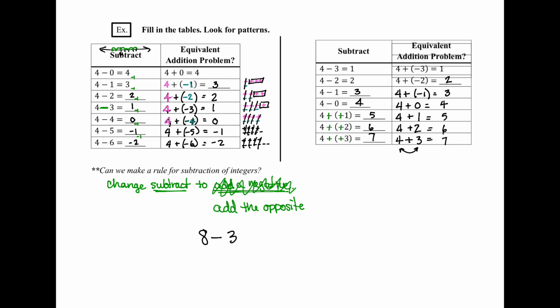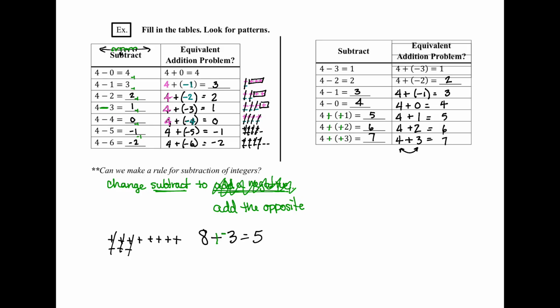So we're going to change this to add, and now 3 is going to become negative. So 8 plus negative 3, 5, 6, 7, 8, 1, 2, 3. Who wins and by how far? Positives by 5. You don't have to make an easy problem complicated. I just wanted to use an easy problem to show you that it works.